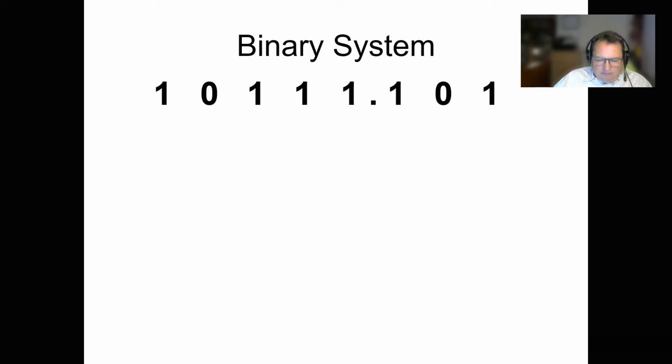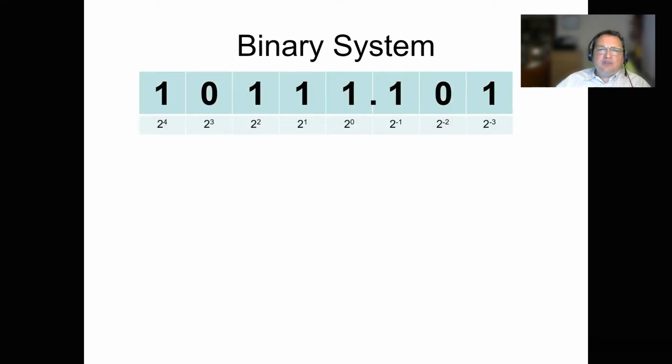Similarly to other positional systems, each digit in this binary number has its value based on consecutive powers of the number 2. So these powers are 1, 2, 4, 8, 16, and so on. And the other way around, it's 1 over 2, 1 over 4, 1 over 8.